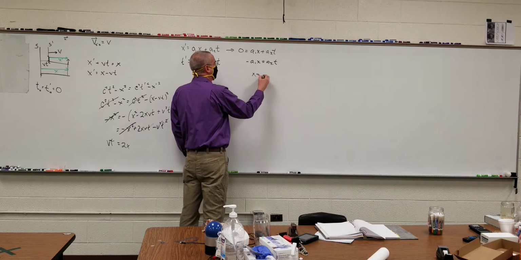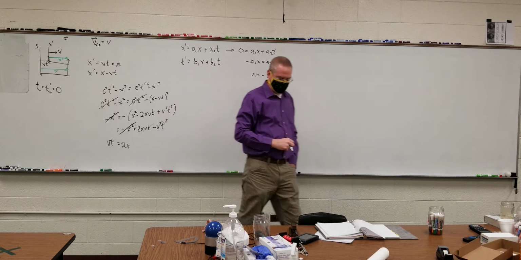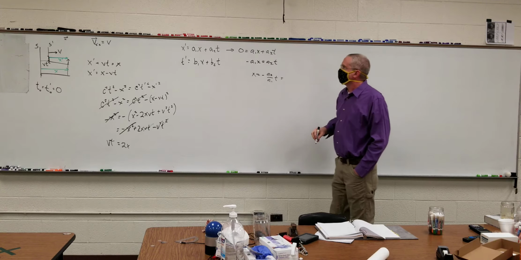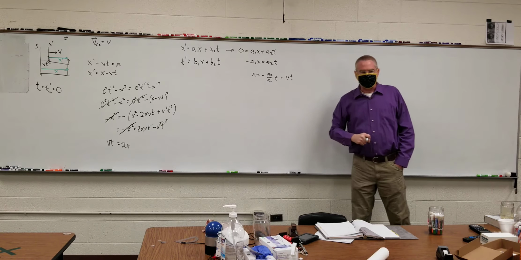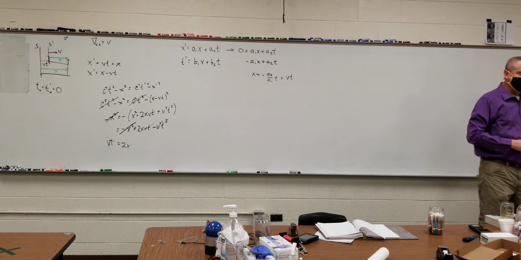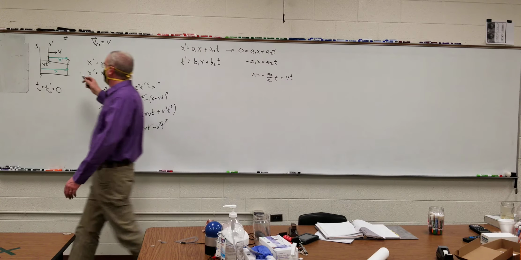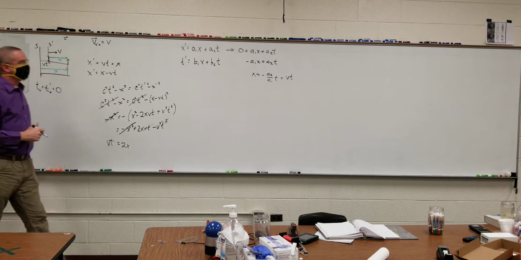So x is negative a2 over a1 times t, which is just equal to v times t, because the origin in the prime frame is just the distance vt away from where it started.